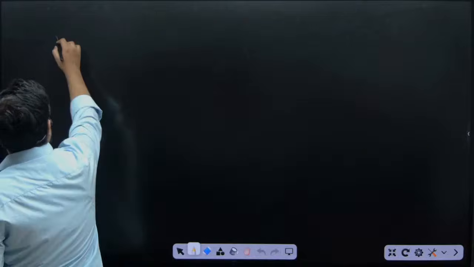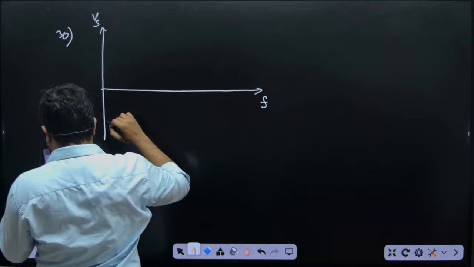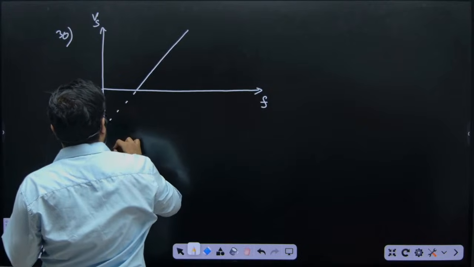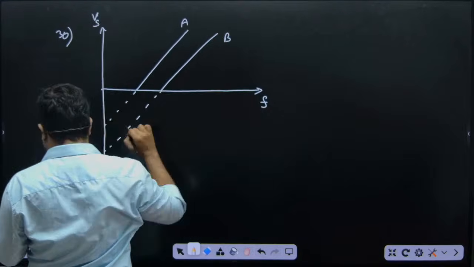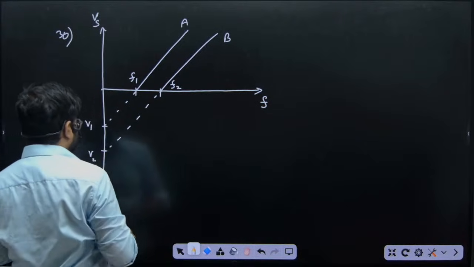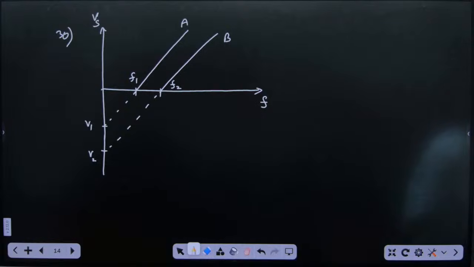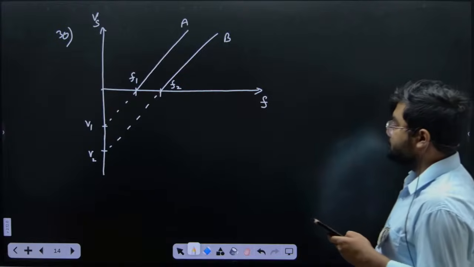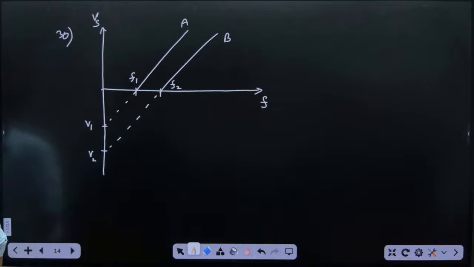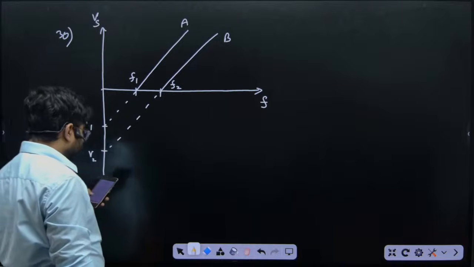The next question relates to this stopping potential versus frequency, and they have given us two graphs here, A and B. So we have the frequencies f1 and f2, and here we have voltages v1 and v2. They have asked the work functions of A and B.